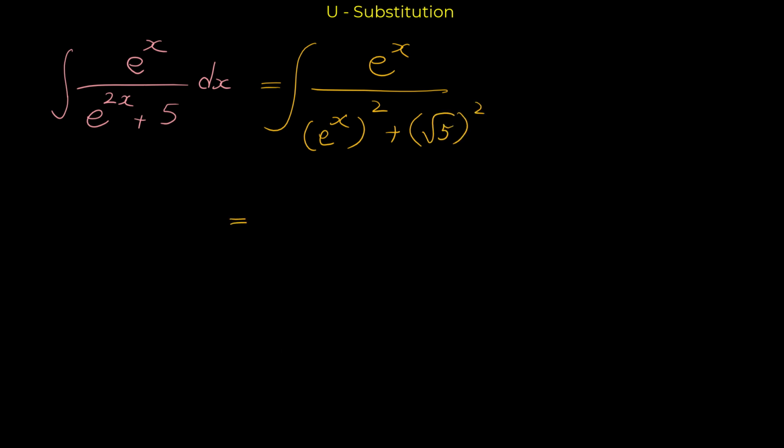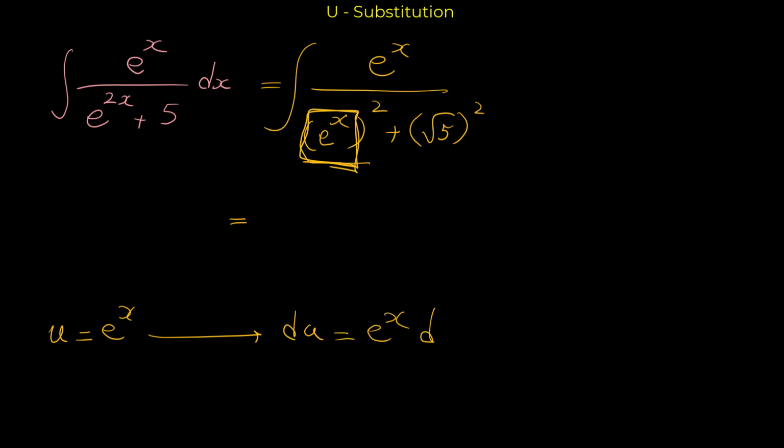Then I'm going to say u is e to the x. Du would be e to the x dx. And attention, exactly we have e to the x in the numerator. And don't forget dx is here. From this relation, dx is du over e to the x.